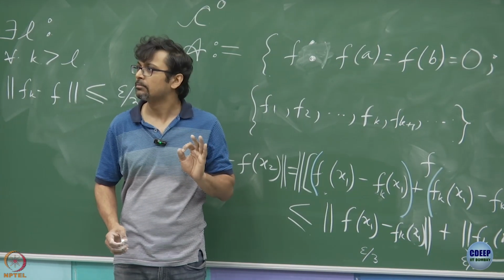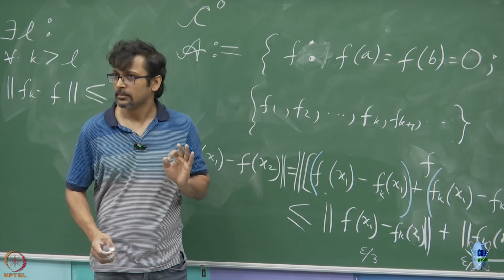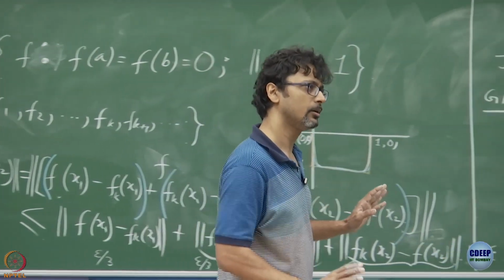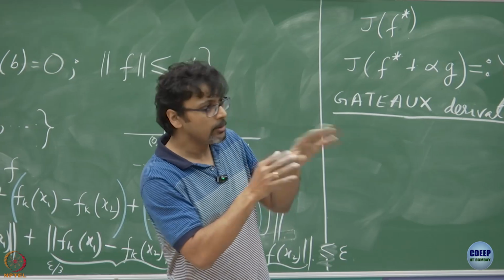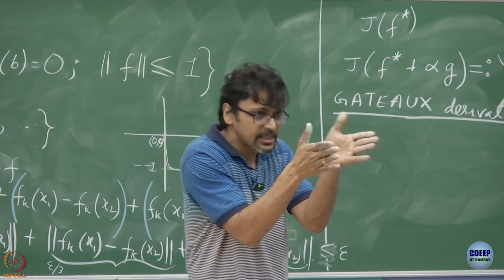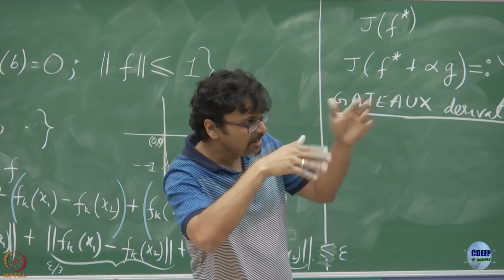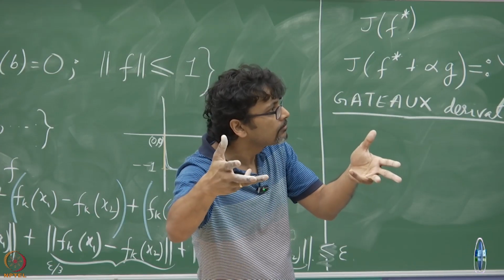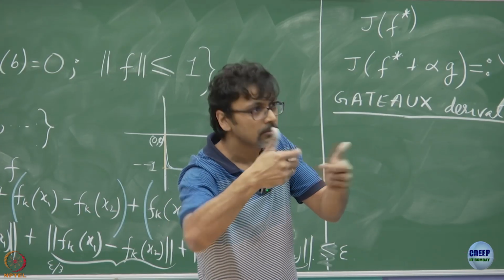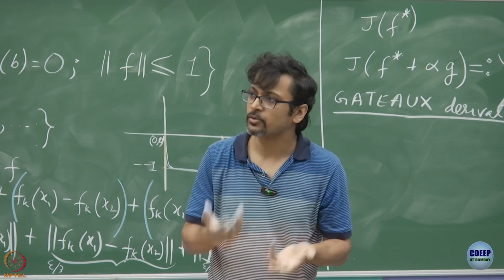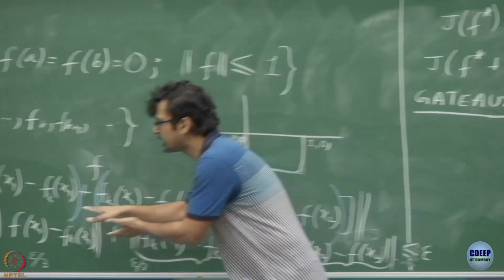Is this clear? The whole continuity argument rests on my ability to find a delta. You give me an epsilon, I should be able to find a delta such that whenever the x's are closer to each other than delta, the fx's will be closer to each other at those points than epsilon. So you give me an epsilon, my job is to find a delta, and I am saying this is the exact delta you should find.